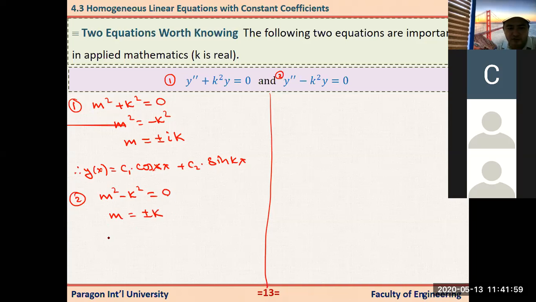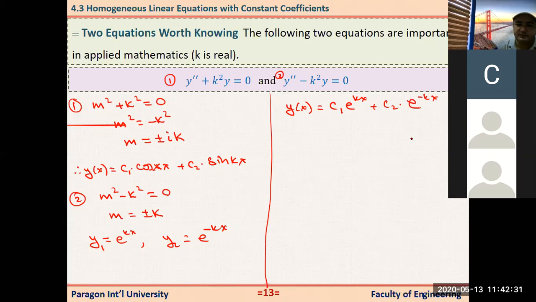The solutions are y1 equals e to the power kx and y2 equals e to the power minus kx. All linear combinations will be the solution, so y of x equals c1 e to the power kx plus c2 e to the power minus kx. That is the solution.